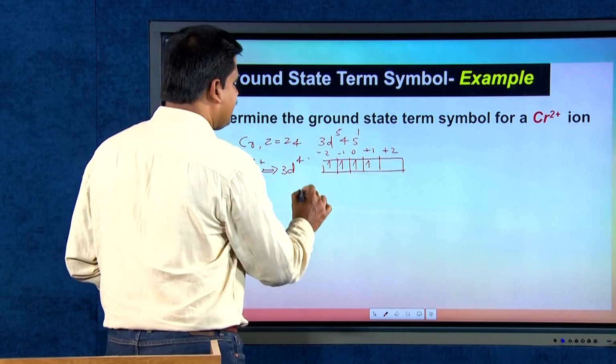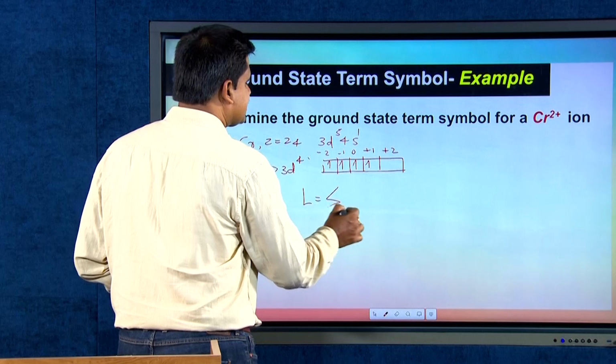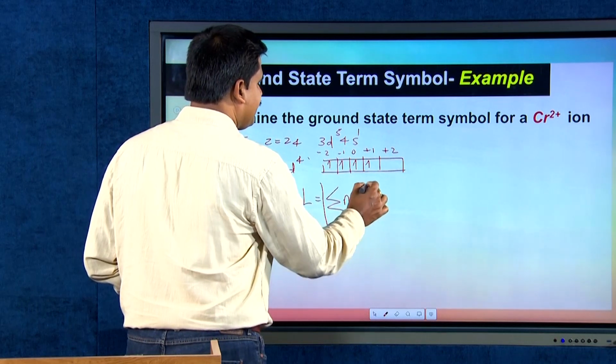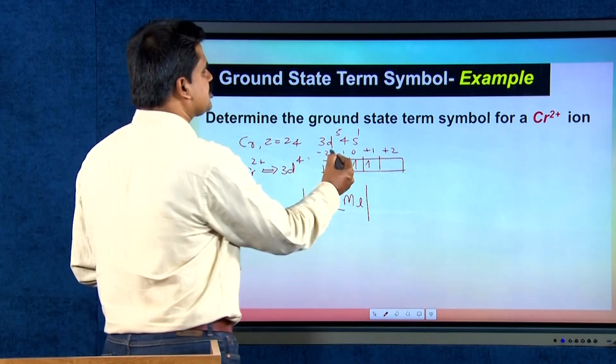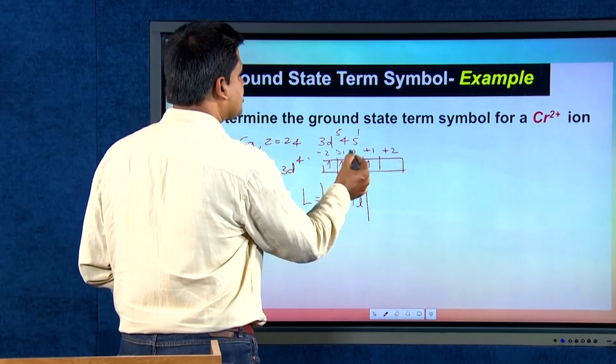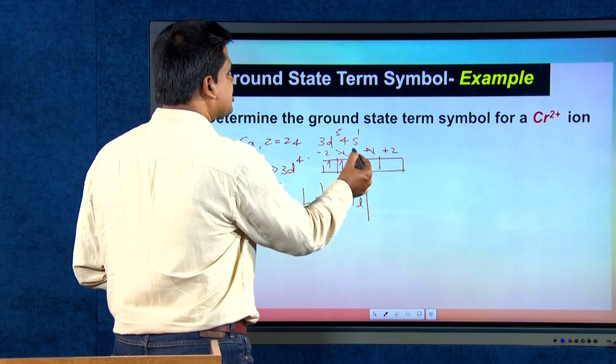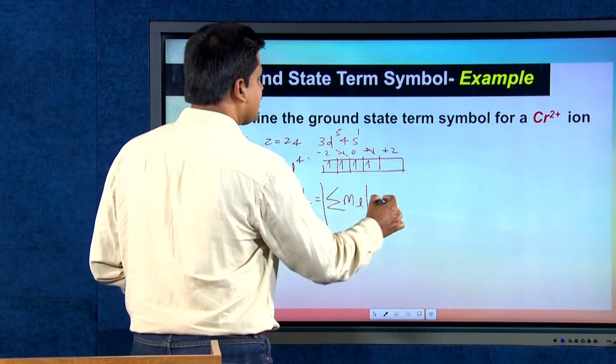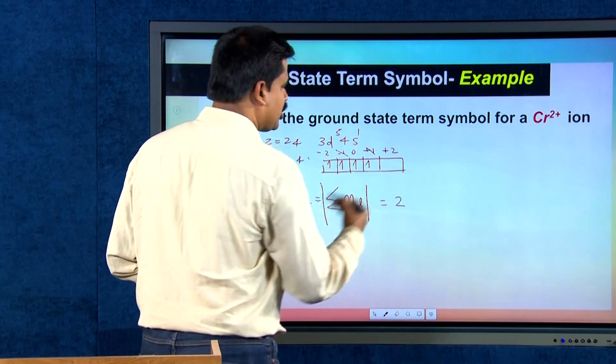First of all, I have to compute the term L. L is equal to modulus of sigma ml. Electrons are now present in the -2, -1, 0 and +1 orbitals. -1 and +1 will vanish. So, -2 plus 0 is equal to -2. Taking modulus, I get L equal to 2.